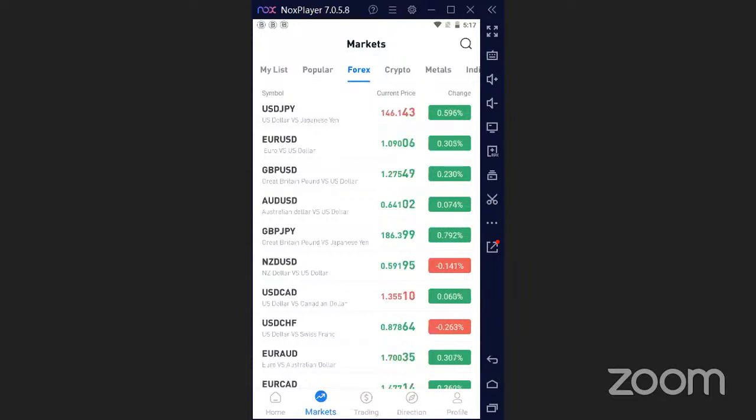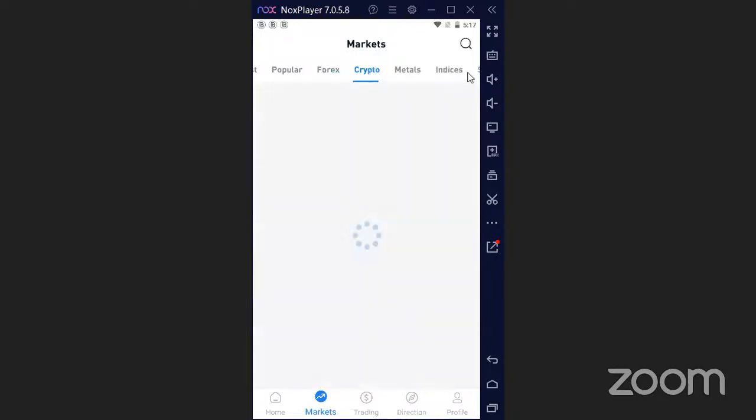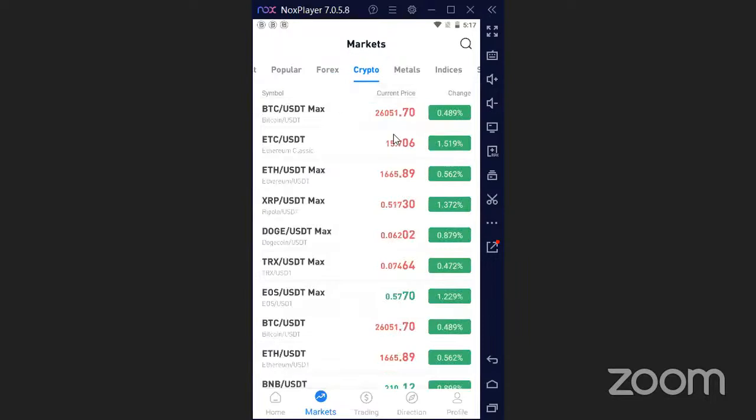This is an example of their pairs, and this is just for forex. We have the crypto also, we have the metals, then we have the indices and stocks. They have so many assets that you can trade. Whatever you want to trade, be it Bitcoin, BTC, USDT, Doge, you just name it, you can trade it on BtcDana.